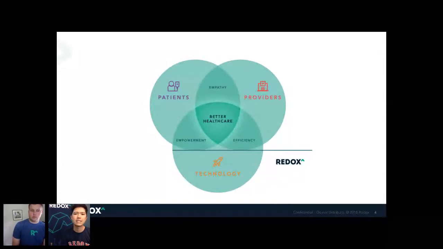That defines the mode we see ourselves in at Redox. Anything that applications have to do over and over again in the healthcare space, anything that a healthcare software developer has to be doing, that's where we see our purview.